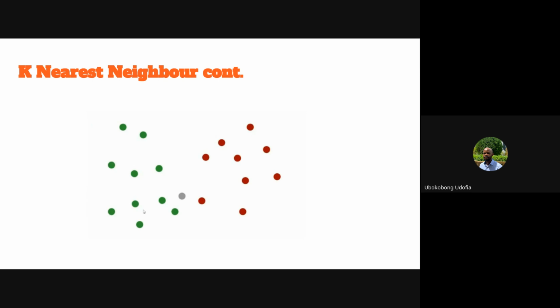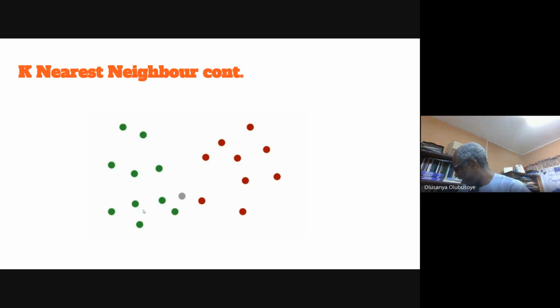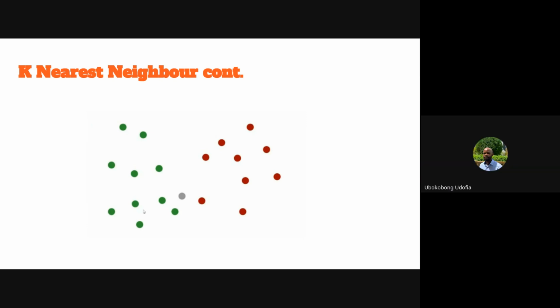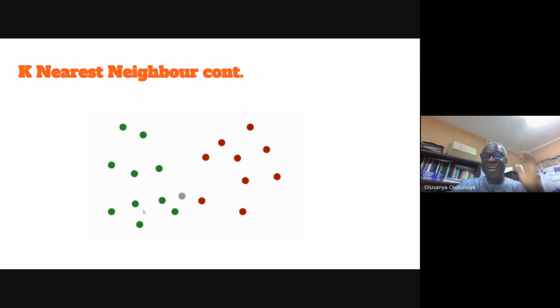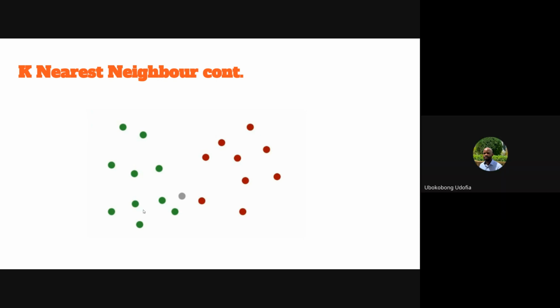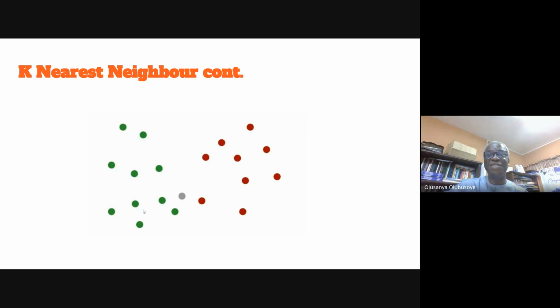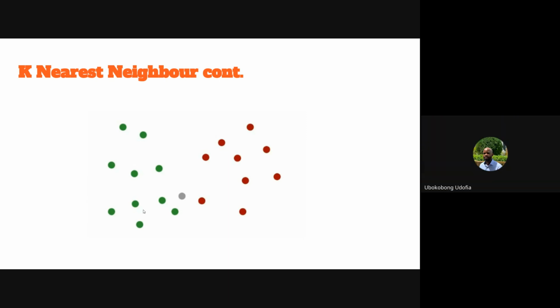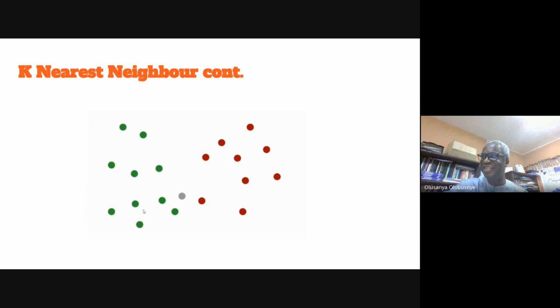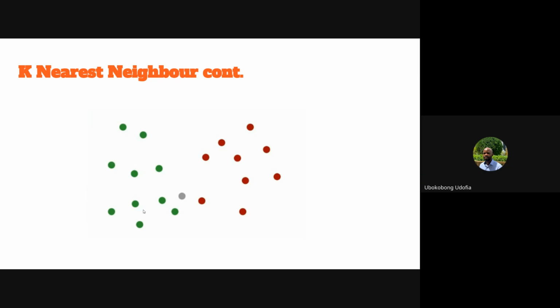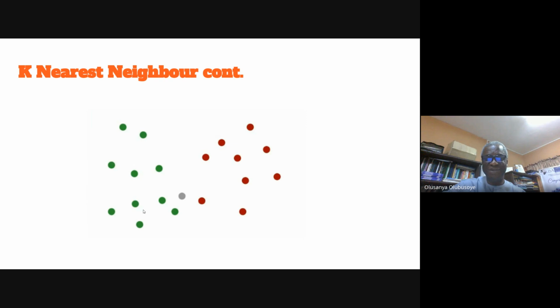I'm just now seeing the slide. Colorless, green and red. Okay, how many colors of dots can you see there? Three. What's the first one? Green, yes. Gray, yes. And red. Red, thank you.